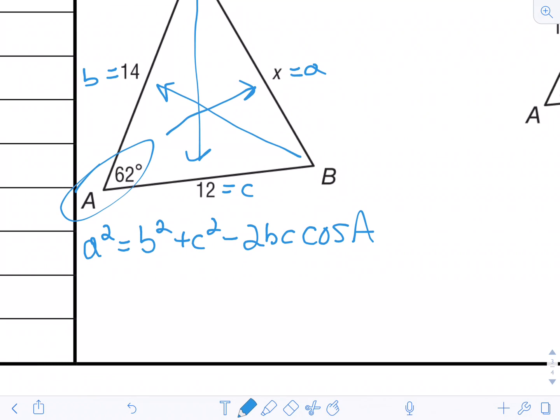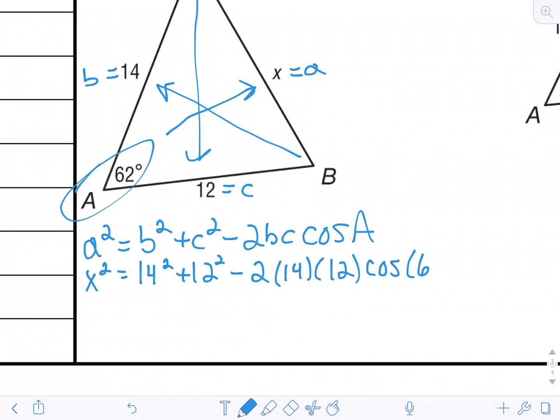I'm going to call this x instead of a. So x squared is equal to 14 squared plus 12 squared minus 2 times 14 times 12 cosine of 62 degrees.